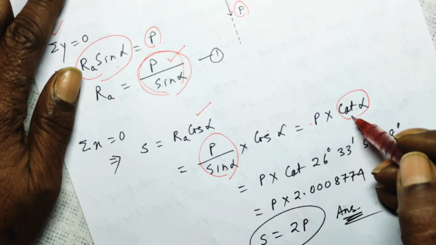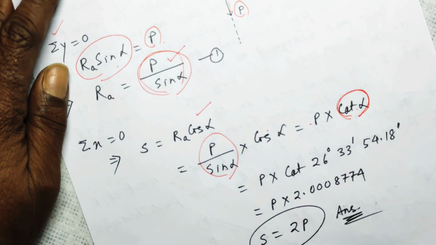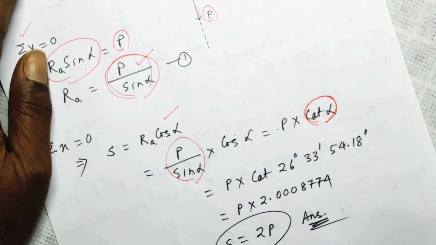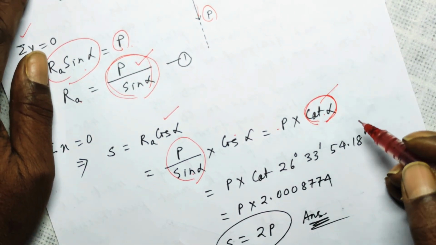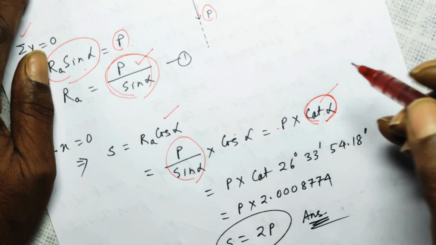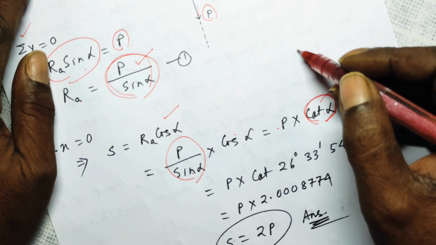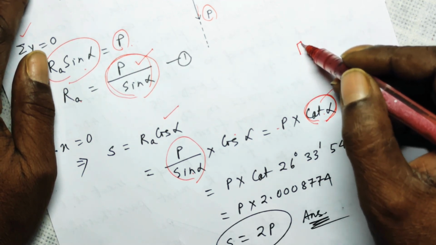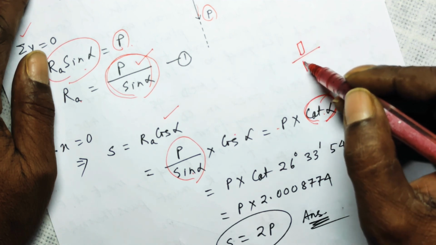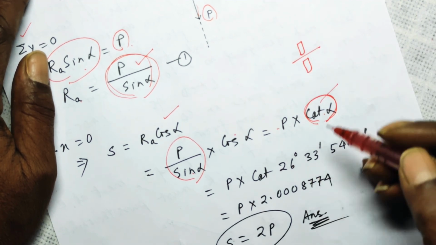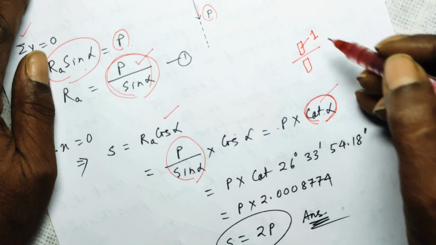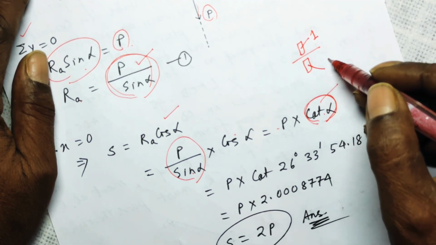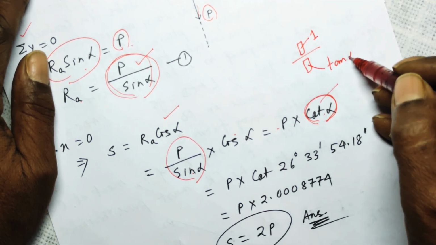You may not get this term, cot, as a button on your scientific calculator. So what you have to do, you press this function. There is a fraction function like this. Enter 1 here and enter tan alpha here.